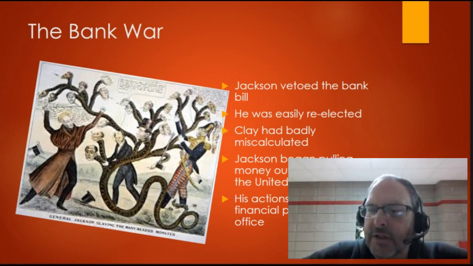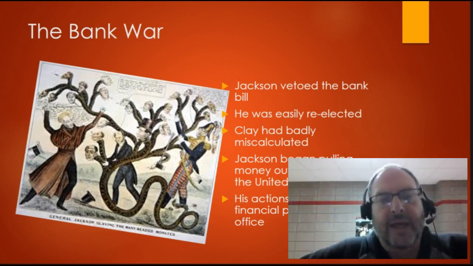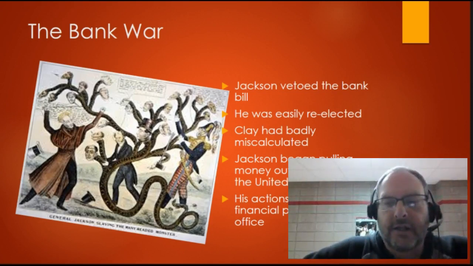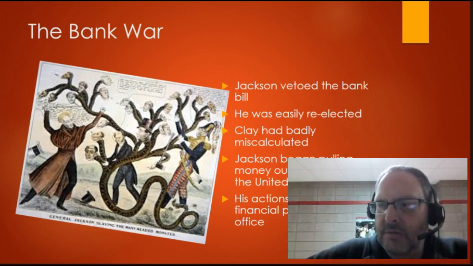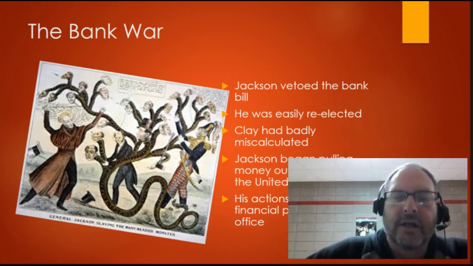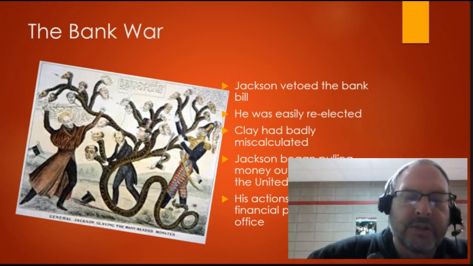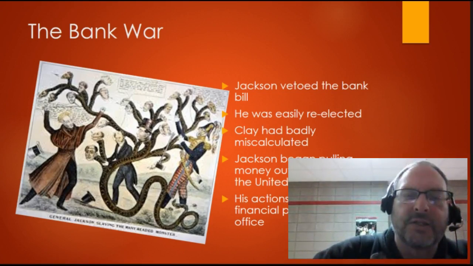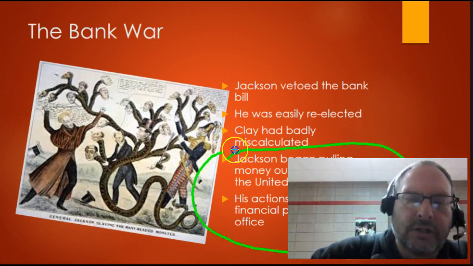Well, actually what happens is Henry Clay badly miscalculated here. In sending this bill and having Jackson veto it, it just rallied the common people to Jackson, and he was easily reelected president.